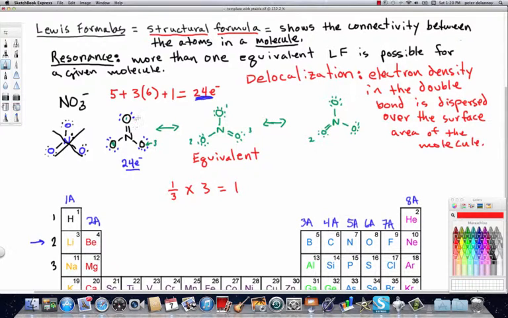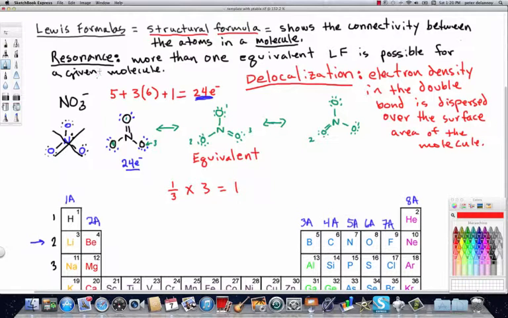Essentially, some of that double bond character is dispersed over the surface area of this molecule. The idea here is that our model for describing this molecule is not exactly right. Some of the electron character involved in the multiple bond character of the bonds in here is dispersed over the entire molecule.